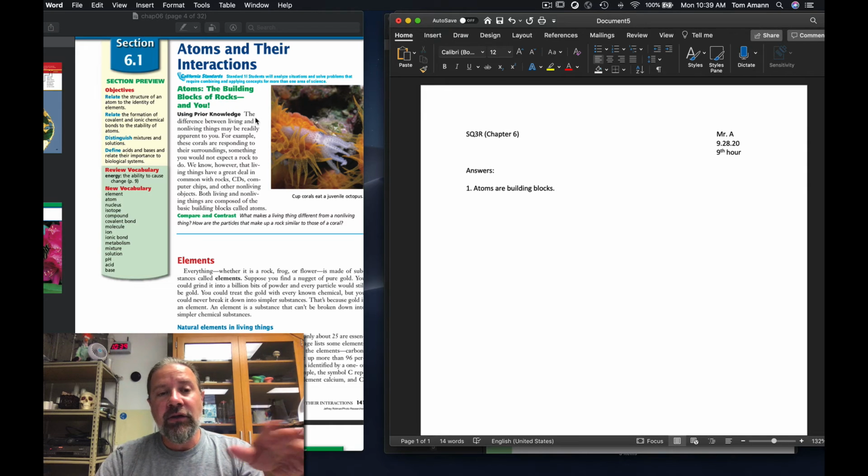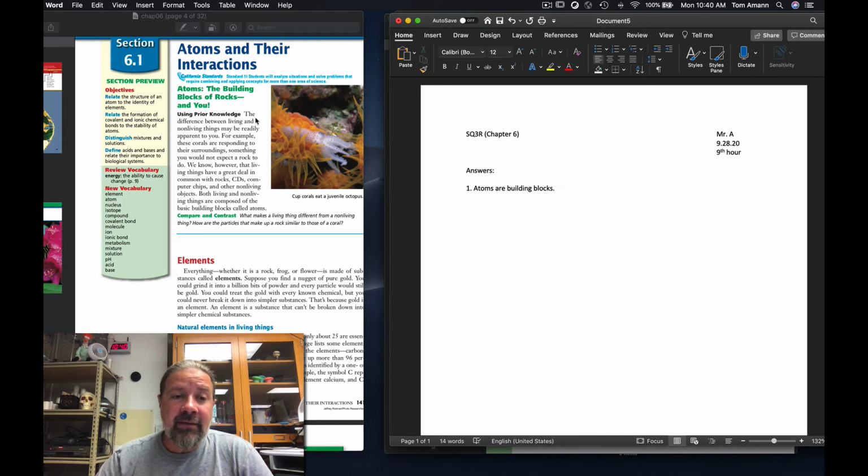And then, using prior knowledge, we already covered the characteristics of life. It says the difference between living and non-living things may be readily apparent to you. For example, these corals are responding to their surroundings, something you would not expect a rock to do. We know, however, that living things have a great deal in common with rocks, CDs, computer chips, and other non-living objects.